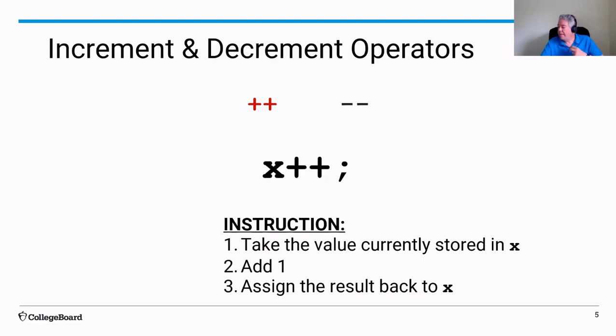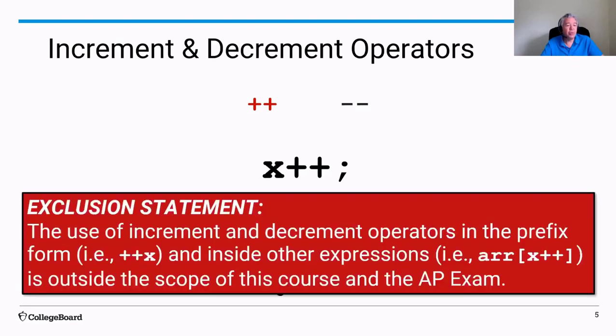Now, your teacher may have shared this with you, or you may have found, if you're looking at the CED that's online, there's an exclusion statement that goes with this one. There are actually 2 ways we can use the increment operator. We can either put it before the variable or after the variable, and there's a little bit of a difference in how the operation is handled, depending on whether you put the plus plus in front of X or after.